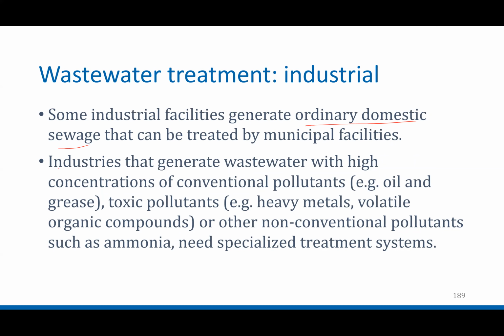But other industries can have wastewater in high concentrations, like oil and grease, heavy metals, and volatile organic compounds like solvents, depending on the factory. They can have a lot of different types of pollution, and that means we need specialized treatment systems. So we're not talking about sewage treatment, we're talking about other types to treat specific forms of pollution. That's, again, not really outlined in this course.